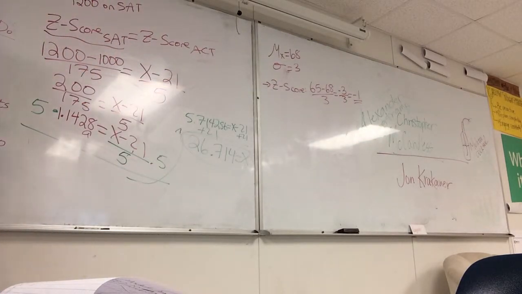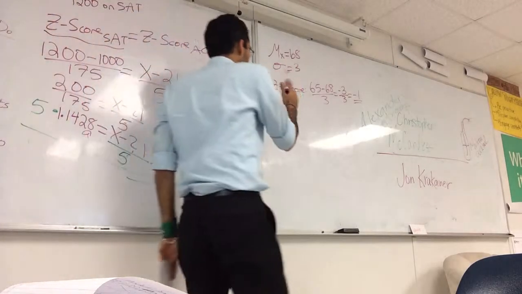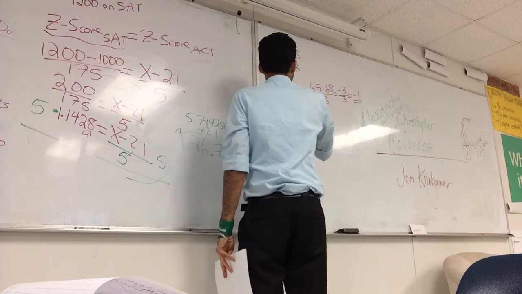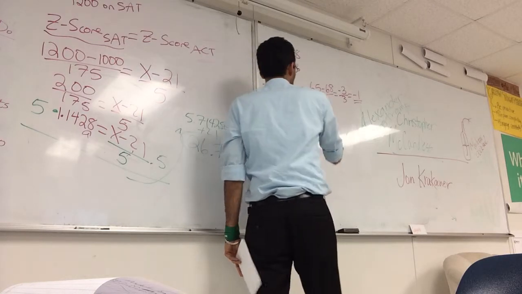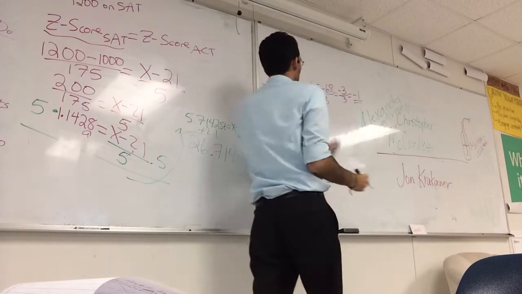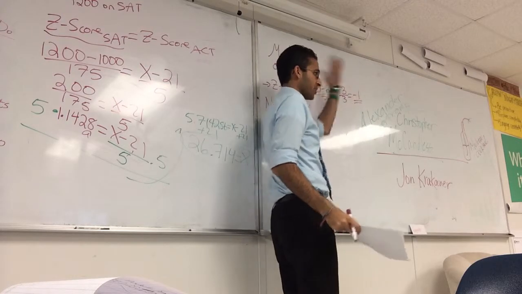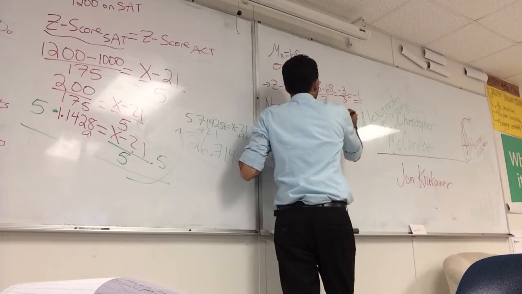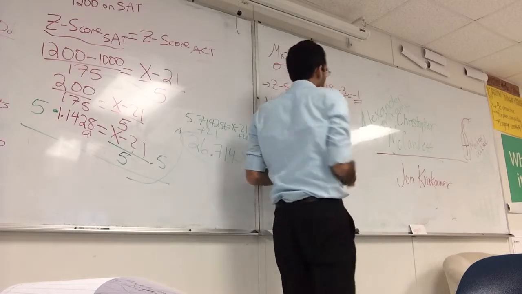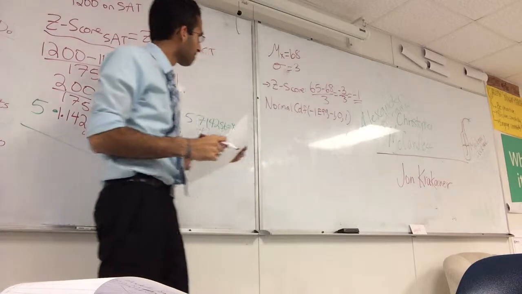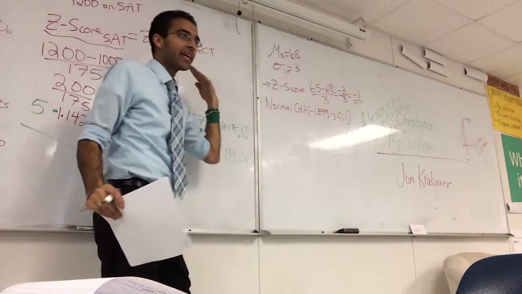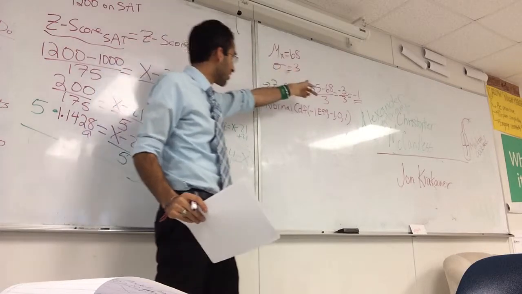And then you could plug this into your calculator and you will get the same answer. Normal CDF, and you wanted to know how many people are shorter than this, so negative infinity, comma negative 1, comma 0, comma 1. What you've done here is you've said, I want to know how many people are shorter than 65.